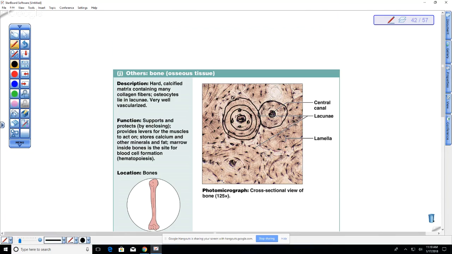So that's kind of why it looks like a bullseye. So this is through compact bone. It's not through the center of the bone. The center of the bone has a cavity in it, but this is not what we're looking at. We're looking at a piece of solid bone, and this is what you would see in its structure.